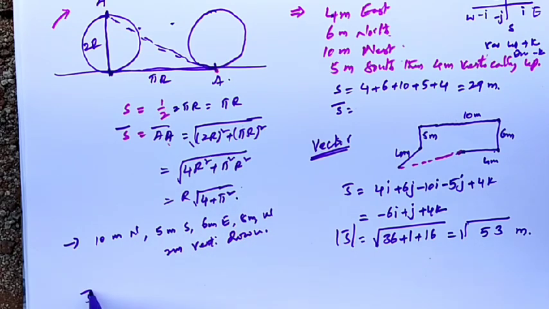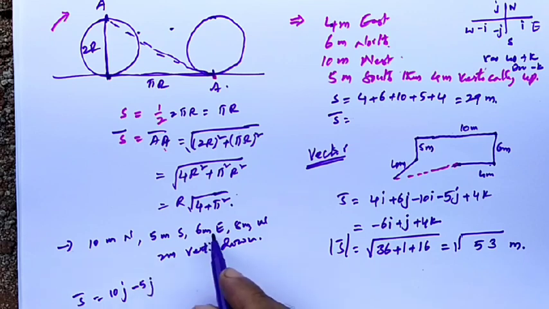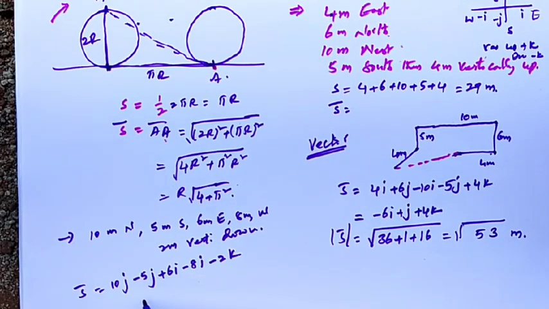Okay, then what is the displacement vector? See that 10 meters north. North is taken plus J cap. So 10J. South is minus. So minus 5J. 6 meters east is plus. So plus 6I minus 8I minus 2K. Vertically down is minus K. Completed or not? Yeah, very easily.